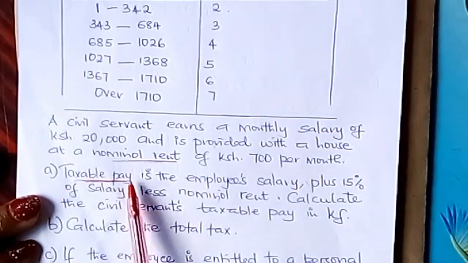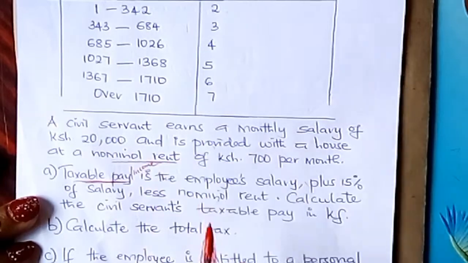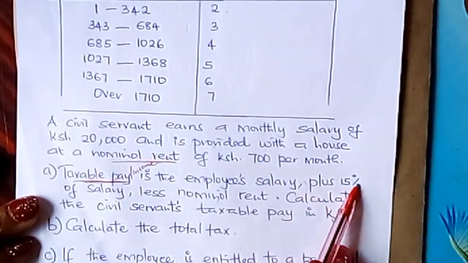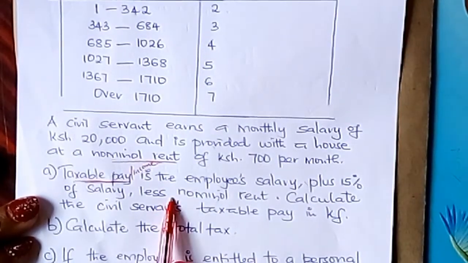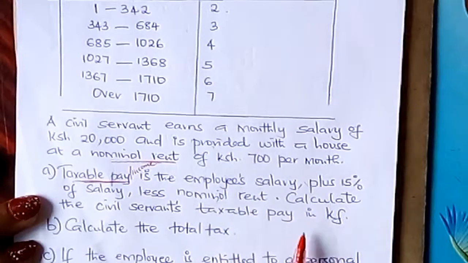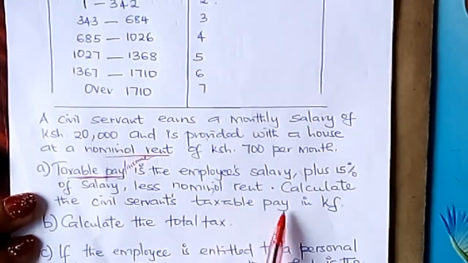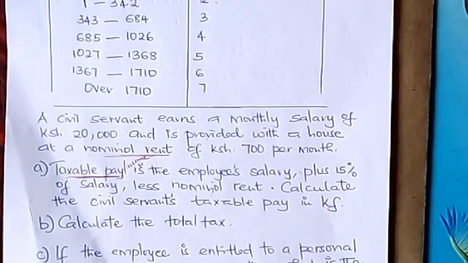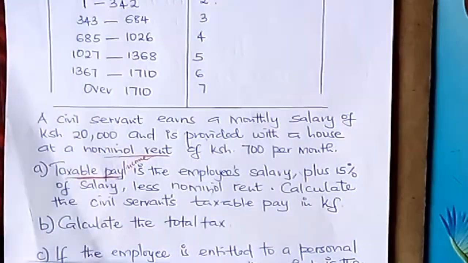Taxable pay or income is the employee's salary plus 15% of the salary, less, or you subtract, nominal rent. And so the question is, calculate the civil servant's taxable pay in Kenya pounds.